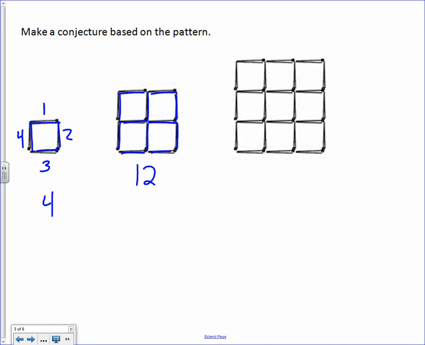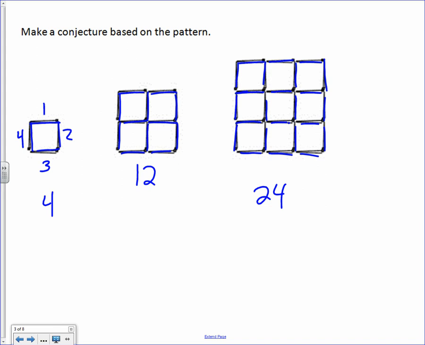And then finally, in the last one, we count 24. We have 24 toothpicks that it takes to make up our final box there. And so what we want to do is to try to come up with a conjecture about these statements.